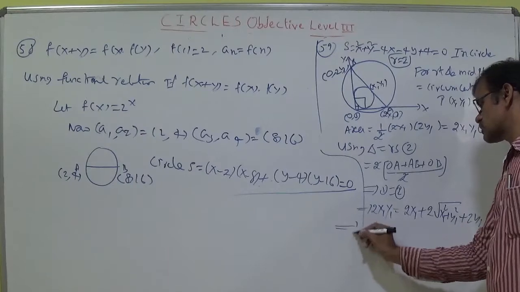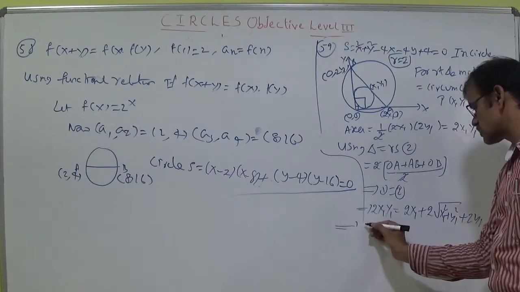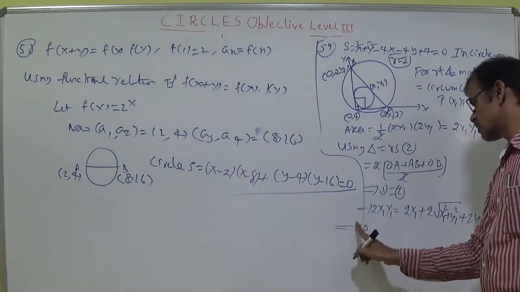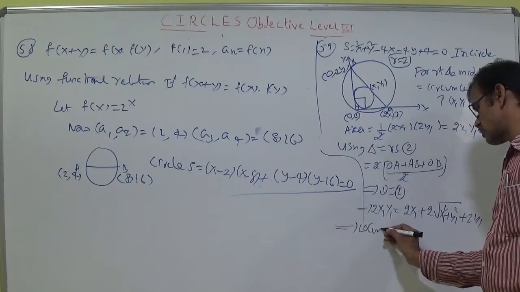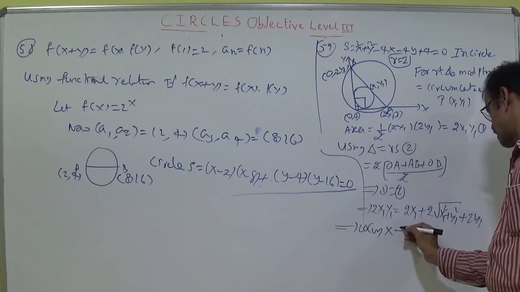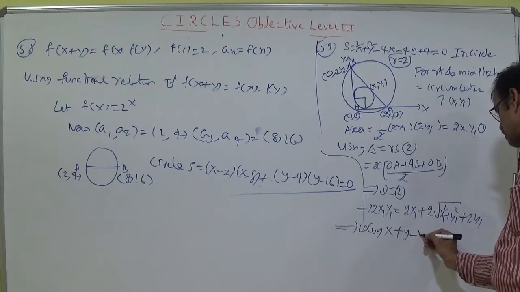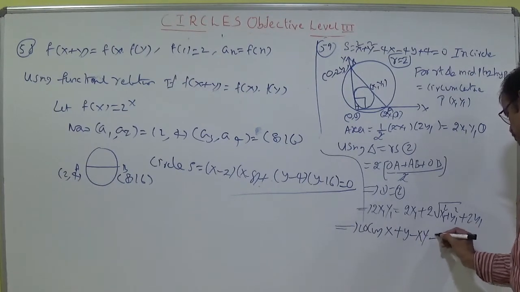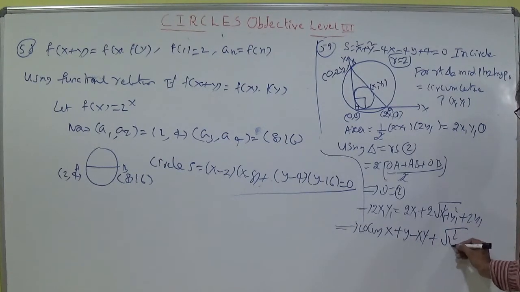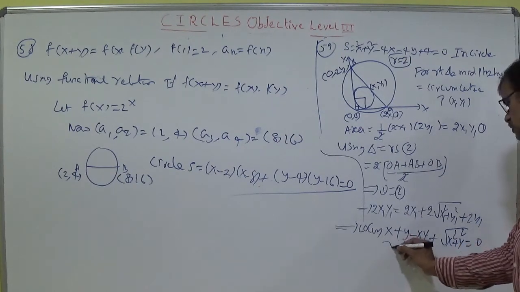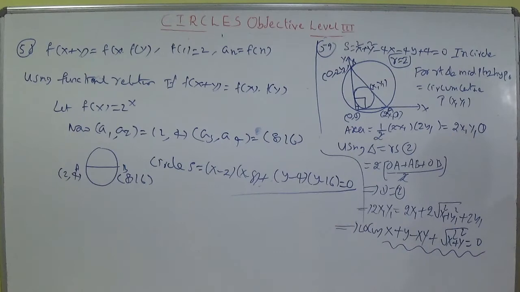With the 2 you can get it cancelled. Directly that implies the locus, I am writing as x plus y minus xy plus root of x square plus y square is equal to 0. Let us see the option and the question, you can understand now.